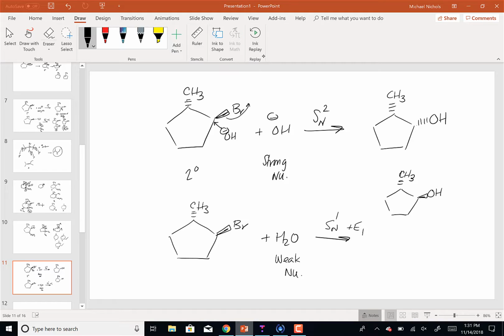Bold and dashed, both. Which of those two is major? It's racemic, so that means it's 50-50. So both of those are the major SN1 products, the racemic mixture.